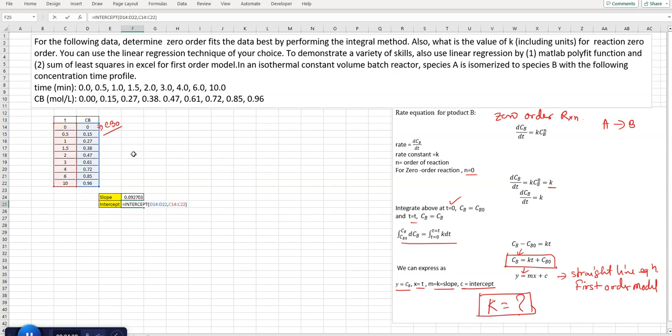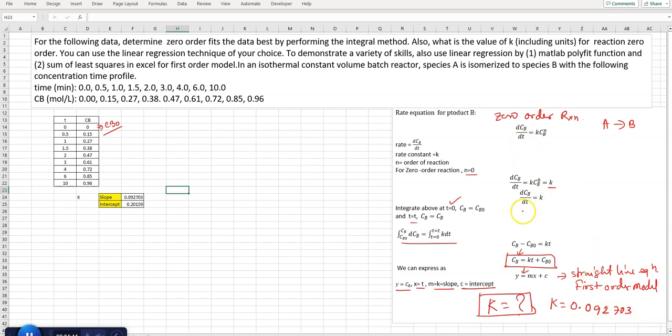If we close the bracket, we get the intercept. The slope is nothing but K, so the K value is 0.0927703.